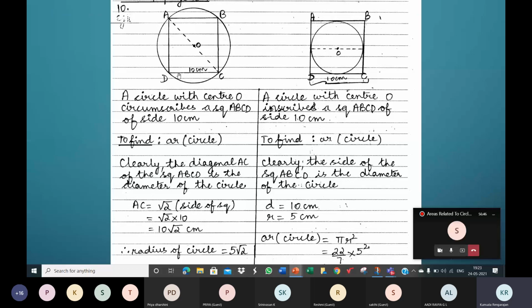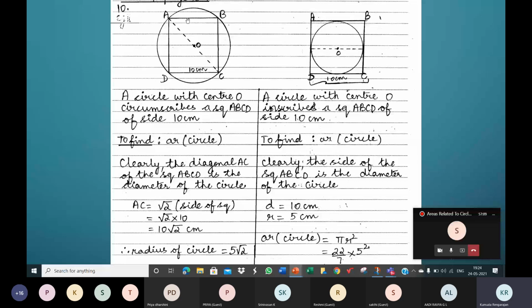If this angle is 90 degrees, then AC should be the diameter of the circle, which means the center lies on AC. So AC is of course the diagonal of the square and also the diameter of the circle.